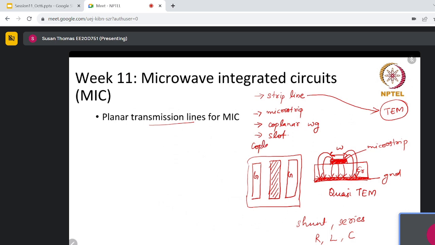Will it be a coplanar structure or a microstrip structure? Is there any advantage of having a coplanar structure? If I want to mount something in shunt, for example between the conducting plate and the ground, which would be preferable? Is it the same plane, or will two different planes be convenient?